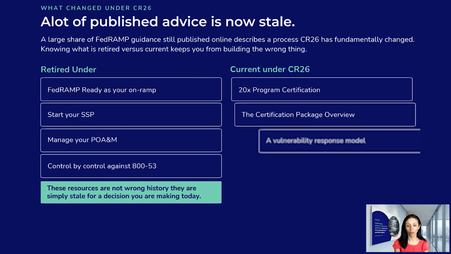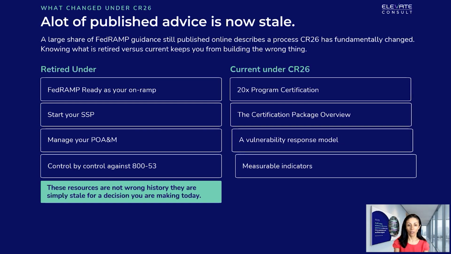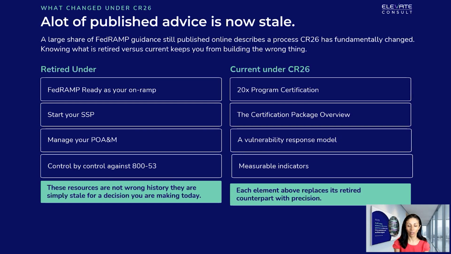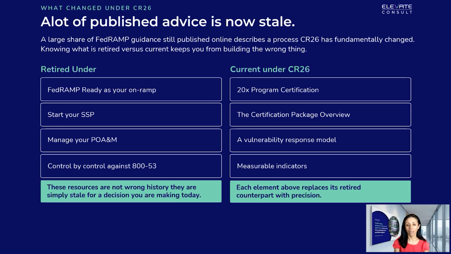Obviously, there's legacy Rev5 that's still in play, and companies are still maintaining and keeping this, but there is a light on the horizon that these lengthy documents and things will not be required. Managing your POA&M, or plan of action and milestones, that is also a thing of the past. There's a different document for that, and a completely different way of doing it, which we'll get into in a minute.